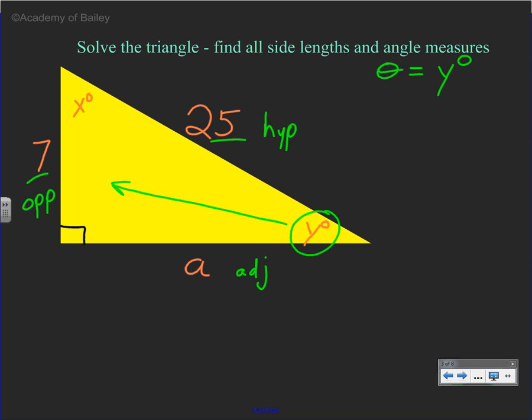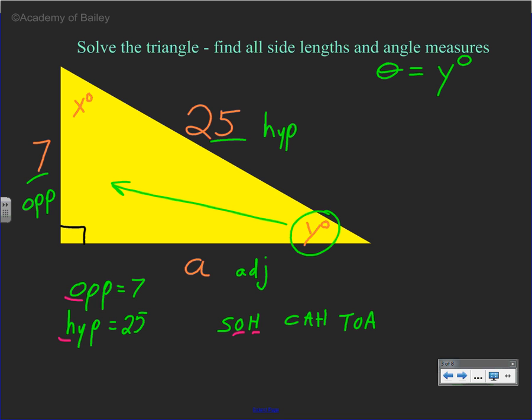Well, let's go ahead and look at our problem here. We know the opposite is equal to 7. We know the hypotenuse is equal to 25. So which trig function will we be using to solve this? Sine, cosine, or tangent? Well, it says opposite and hypotenuse.